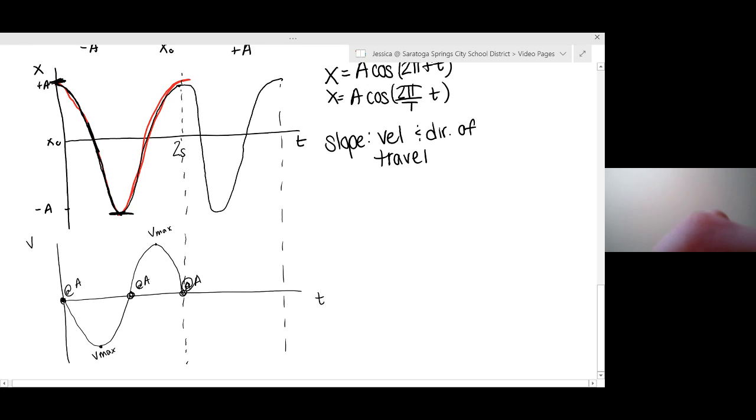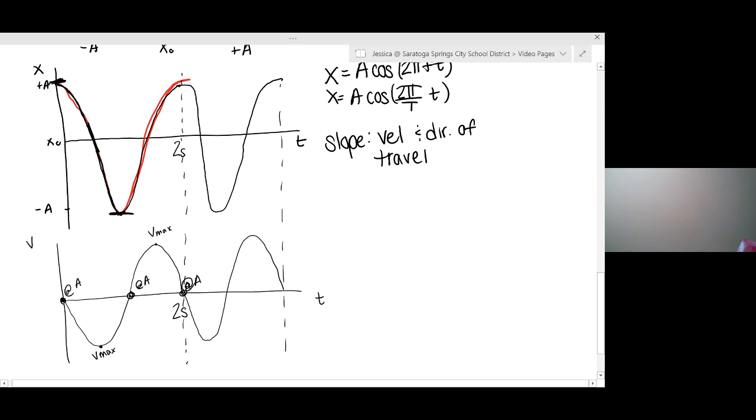Notice how I drew my dotted line down to make sure I completed one complete sine wave in 2 seconds. And this velocity versus time, I would continue as such.